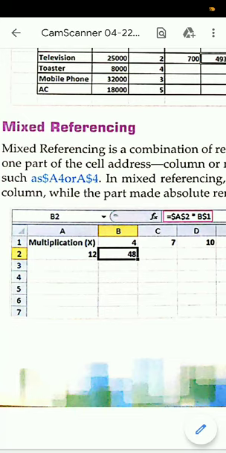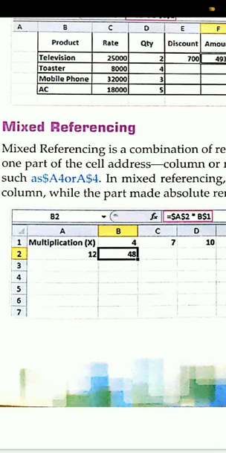There is 12 into B$1, and which column are we talking about? B, and $1 for which row? Row number 1. It is absolute referencing for the row, while $A2 is relative for the row.